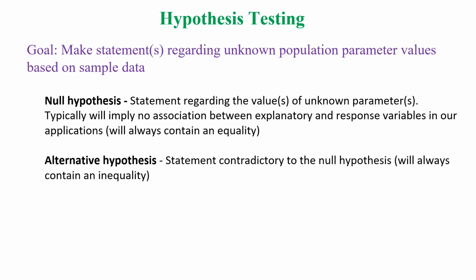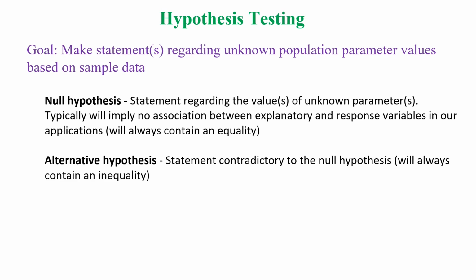So that assumption regarding the statement of the unknown population is called a hypothesis. Generally, there are two types of hypothesis. One is null hypothesis and the other one is called alternate hypothesis.